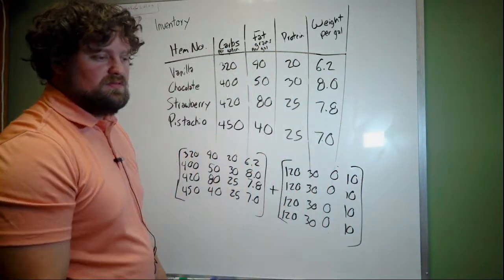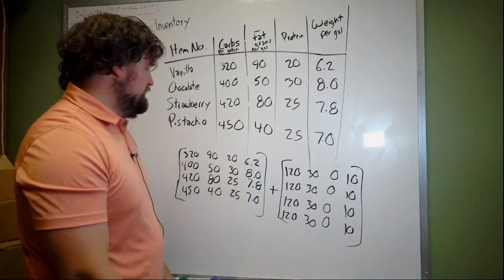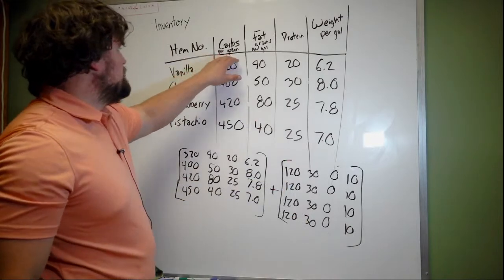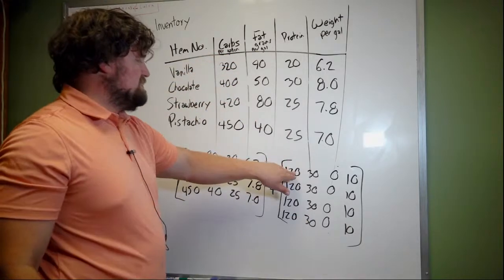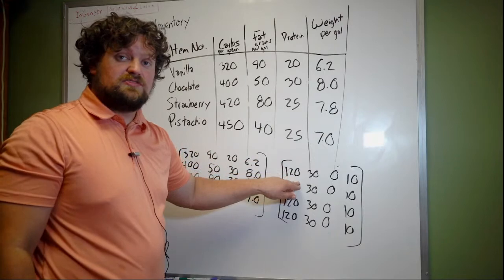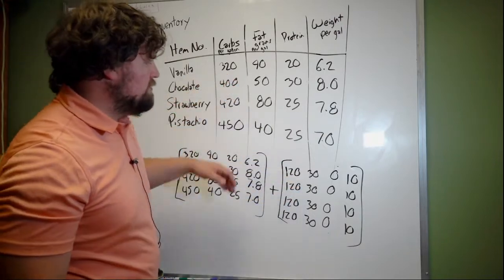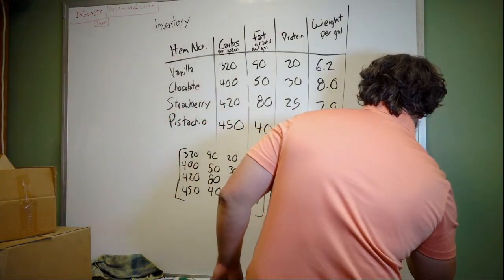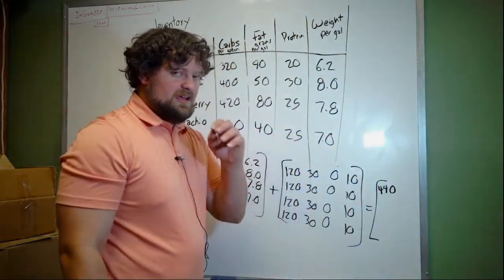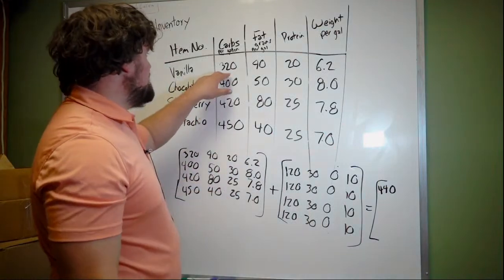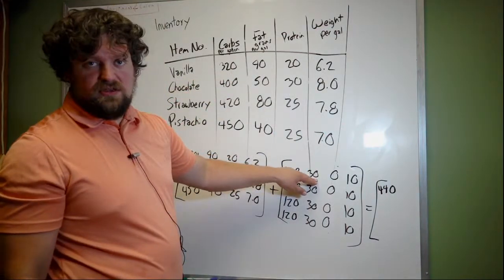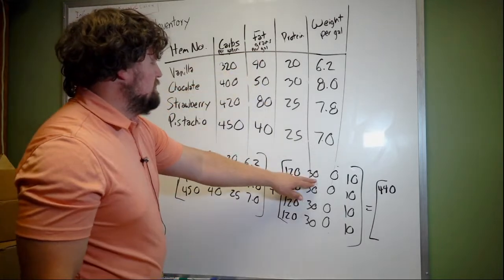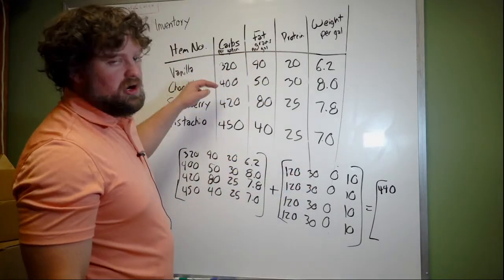It's lighter than sauce. Now if we added these together, we would be adding the number of carbs per gallon of vanilla plus the number of carbs added by adding a gallon of chocolate sauce to it. We'd have a total of 440. Okay, and then we're going to do that per each cell. I can't add this value to this because this is 30 fat grams added to 320 carbs.